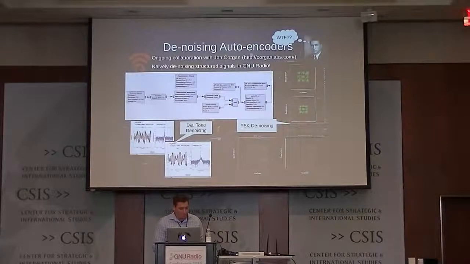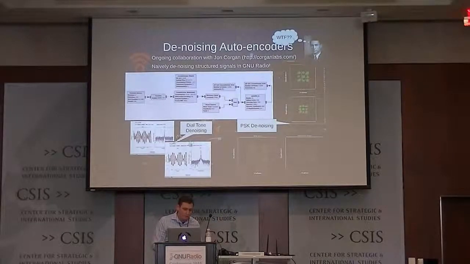So we started using this for just throwing some random, simple, structured signals into it, looking at what happened if we were to take the raw IQ data, basically constrain it through a narrow autoencoder, and then reconstruct the same IQ signal out the other end. So we're taking the signal, compressing it into this sparse representation, and then reconstructing it while using this denoising process.